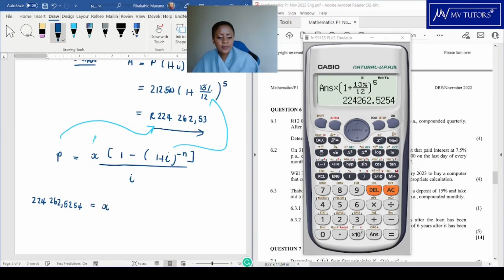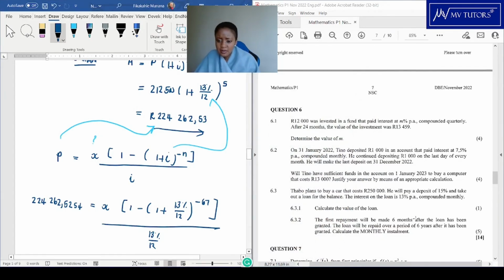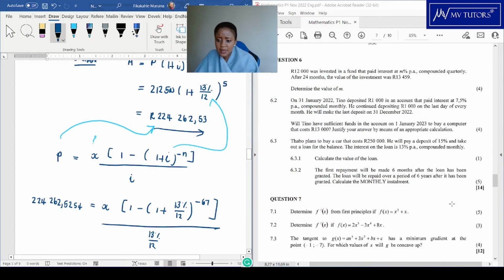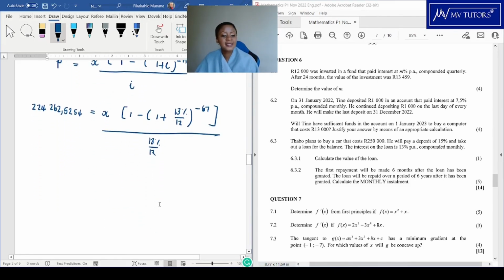X is what we're looking for. 1 minus 1 plus the interest rate, which is 13% over 12 to the power negative, right? Remember what it is? It's 67. And we divide it by the interest, which is 13%. The interest rate didn't change. That's still 13%.